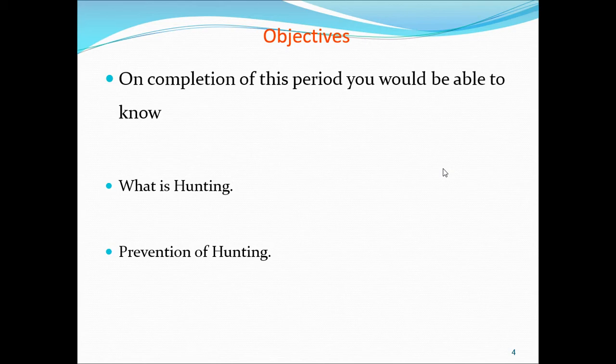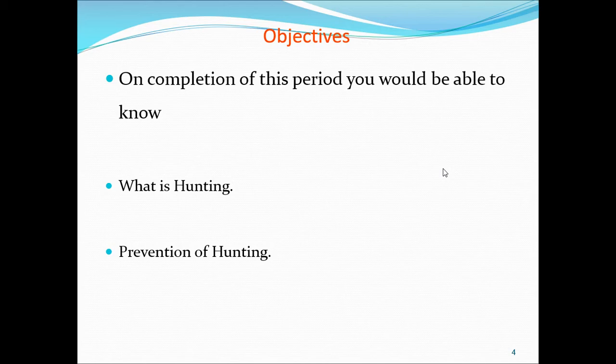So what is the meaning of hunting, and how does it occur? When the load is pulsating, that means there is a frequent change of load, suddenly the load increases, suddenly the load decreases.